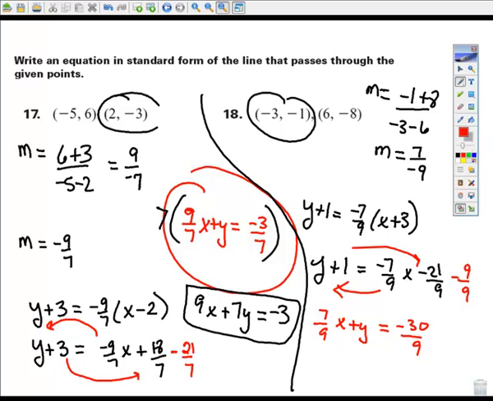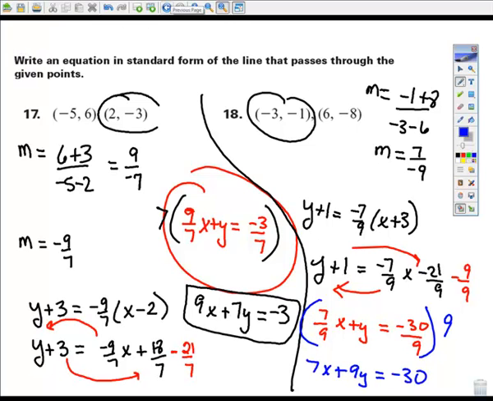And then we could simplify it so that it's 7 ninths x plus y equals negative 10 thirds. I like it a lot better though if we multiply by 9, because that would give me 7x plus 9y equals negative 30. And I just think that looks so much nicer.